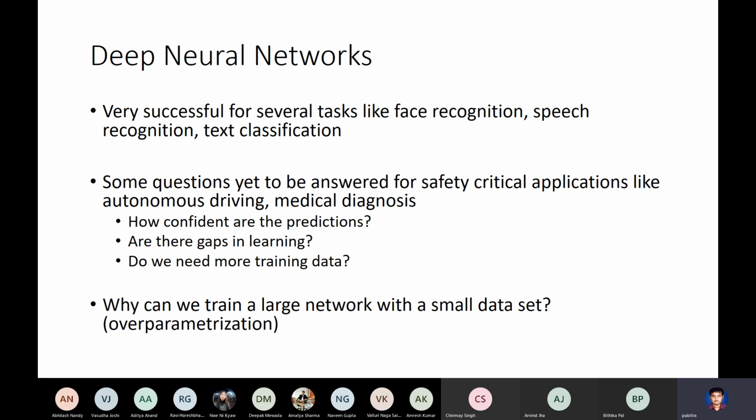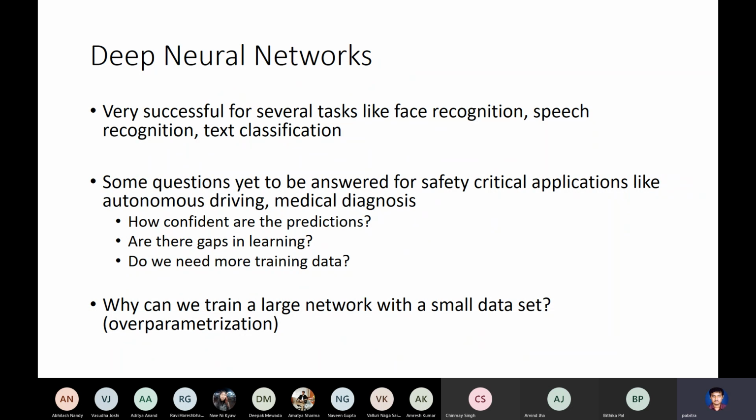Also, are there any gaps in learning? That means, is there some part of the real life input which is not covered in the training set, and so the network has not learned that part of the input space? Secondly, is the learning complete? That means, do we have a good, reasonable, confident prediction without gaps, or do we need even more training data to really use it in practice?